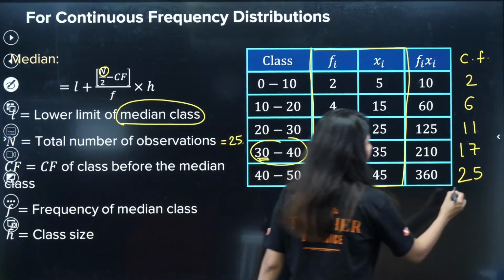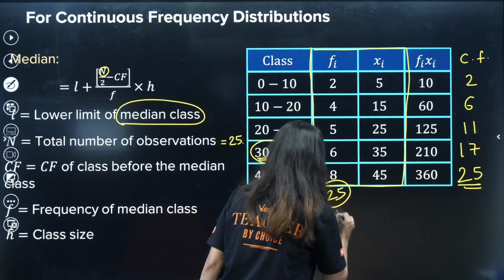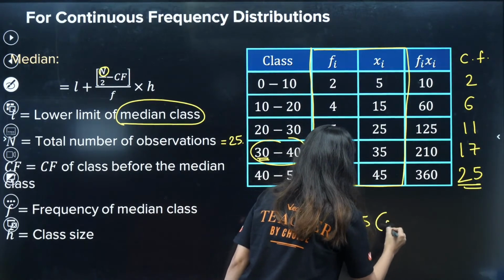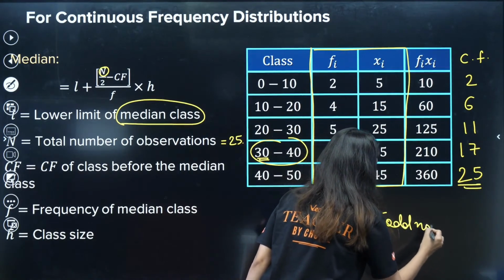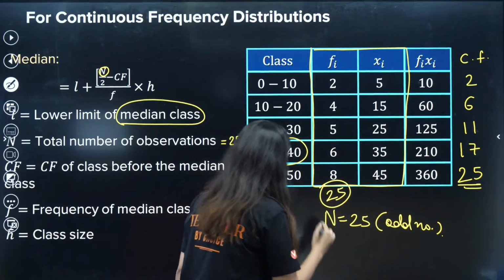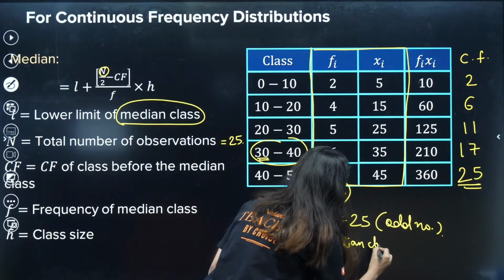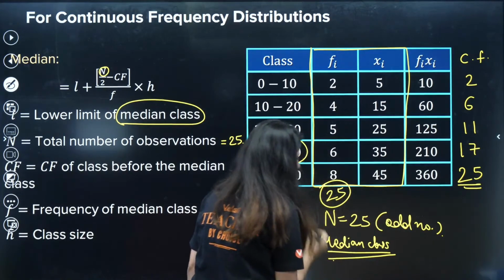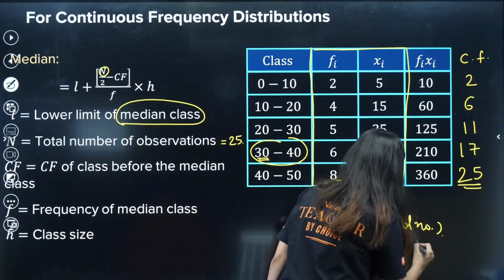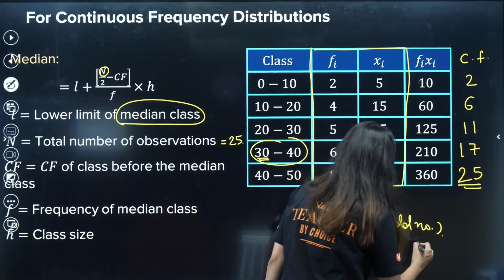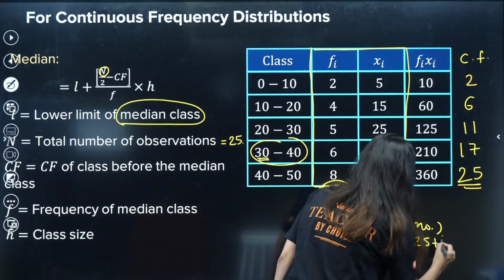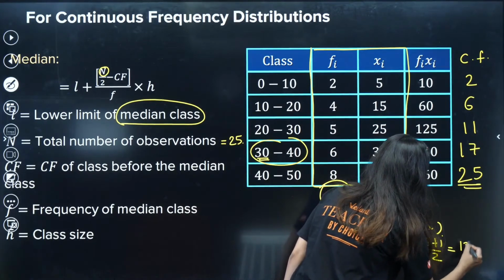You can clearly see N is equal to 25, which is an odd number. So for the median class, we need to add 1 to this, 25 plus 1. So 25 plus 1 by 2, that is the 13th.